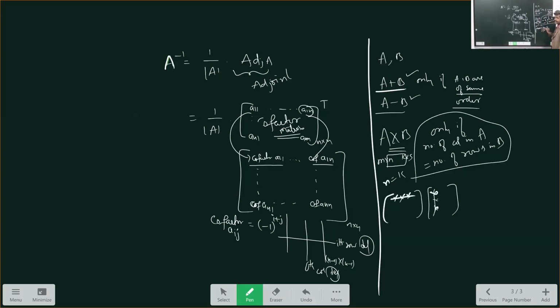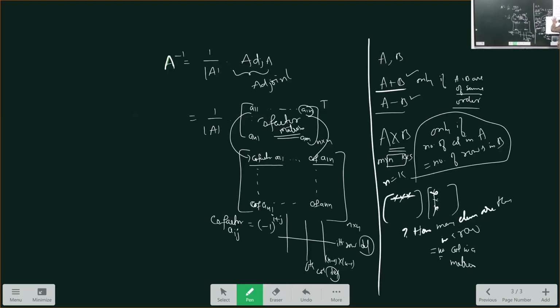How many elements are there in a row? That is equal to the number of columns in a matrix. So the number of columns in the first matrix should be equal to the number of rows in the second matrix.